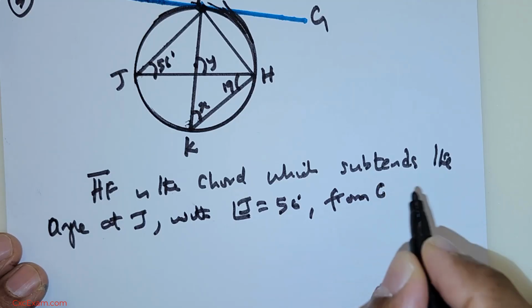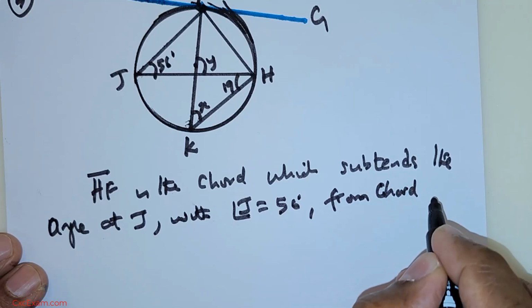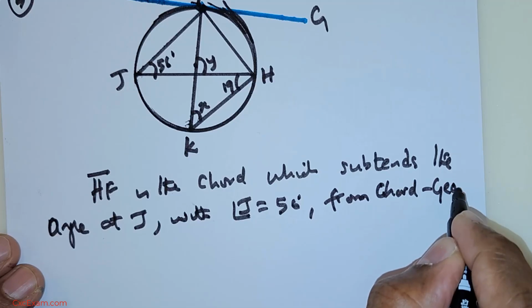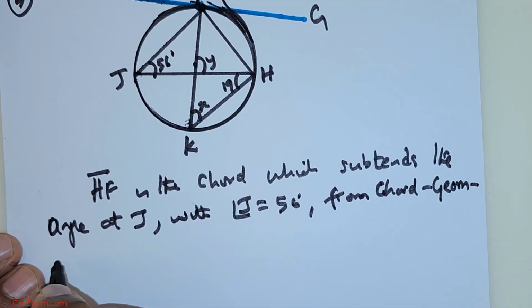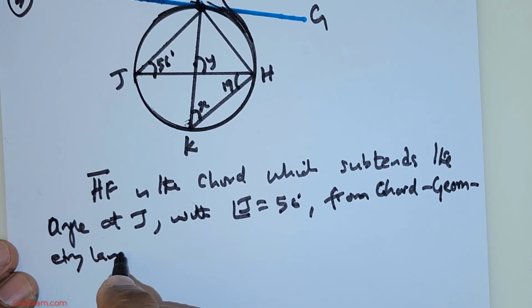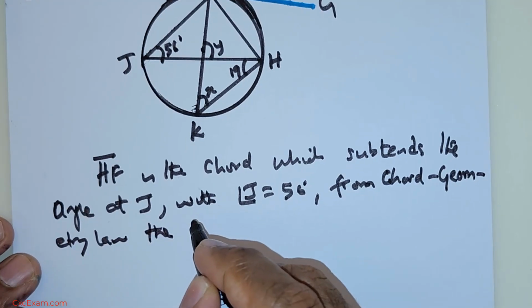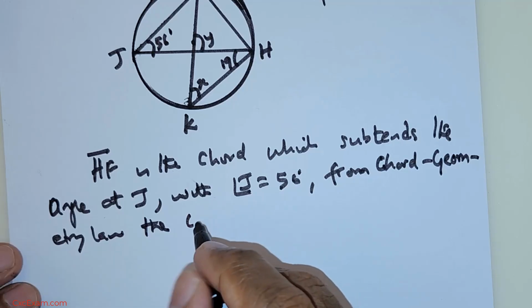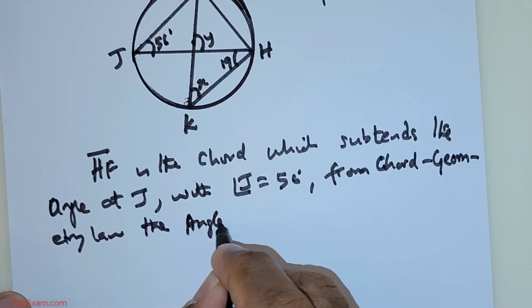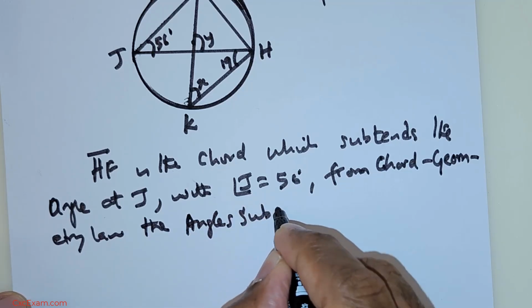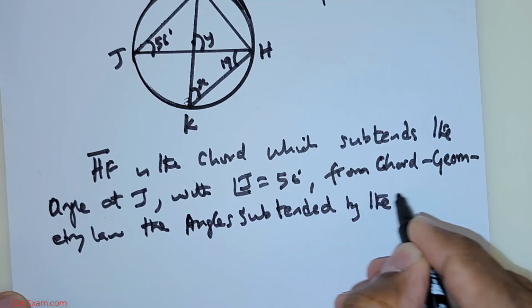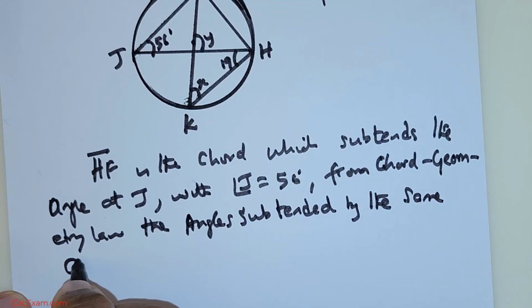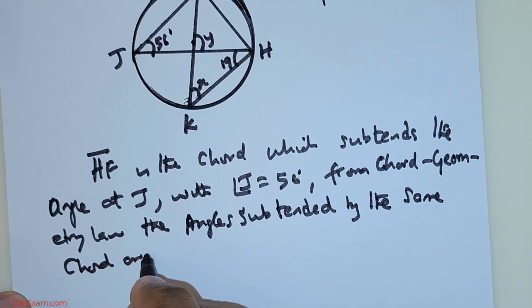From the chord geometry law, angles subtended by the same chord are equal.